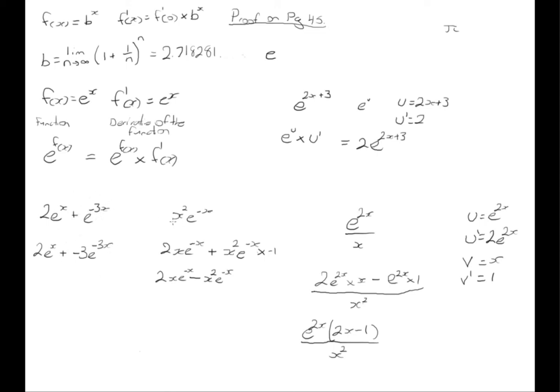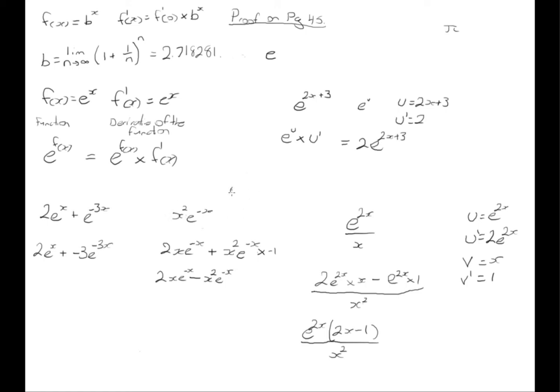What about if we have something like x squared times e to the power of minus x? So x squared times e to the power of minus x. Well, we're going to use our product rule, because just think about it, it's two functions multiplied together. So what is our derivative if we wanted to split it up with our u's and v's?